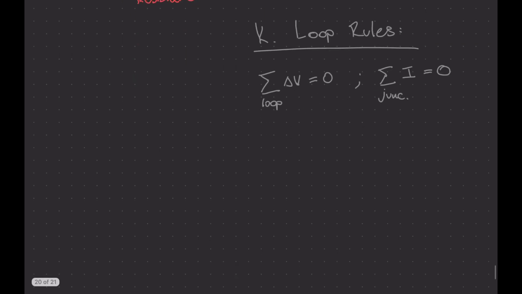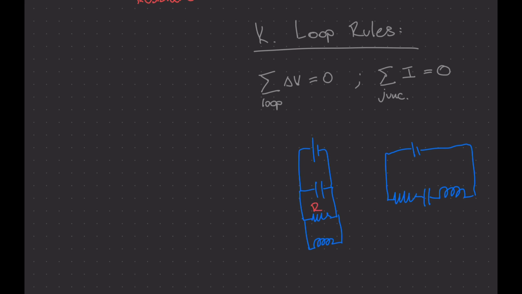So if you have a circuit that looks like this, here we have a capacitor, here we have a resistor, and here we have an inductor, and we have this system here: resistor, capacitor, inductor.